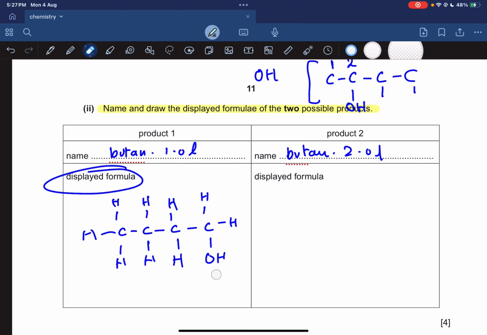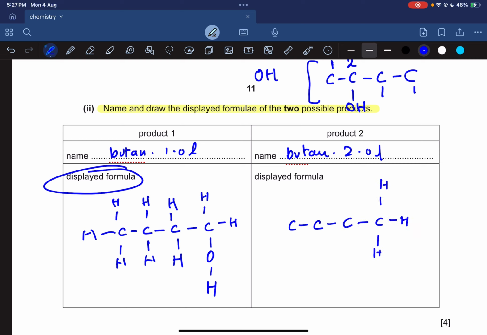This is going to be considered incorrect. I have to show the O and H bond something like this. Displayed formula means that all bonds, regardless of what kind of bonds they are, have to be shown. So OH has to be written like this in case of butan-2-ol and butan-1-ol. Okay, so I hope you get this.